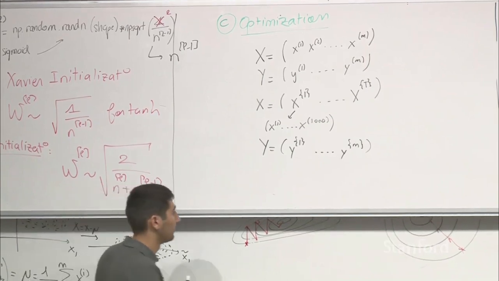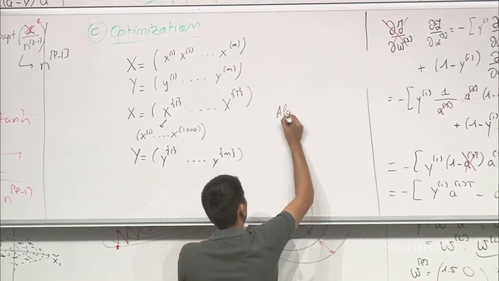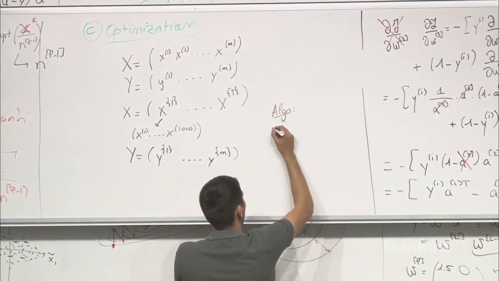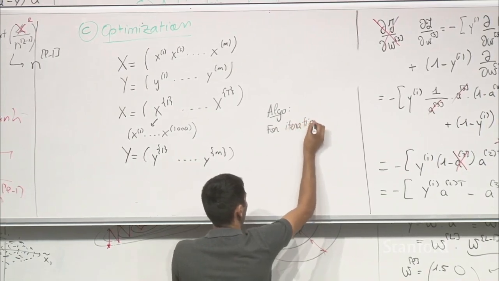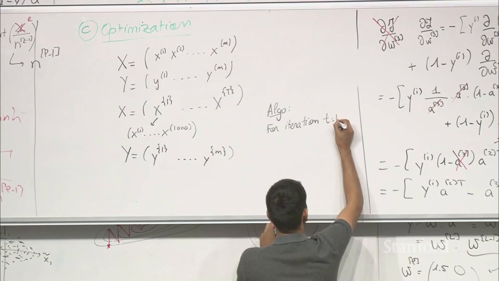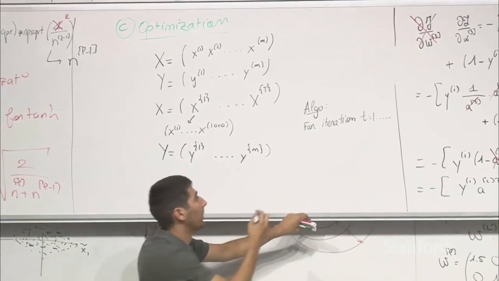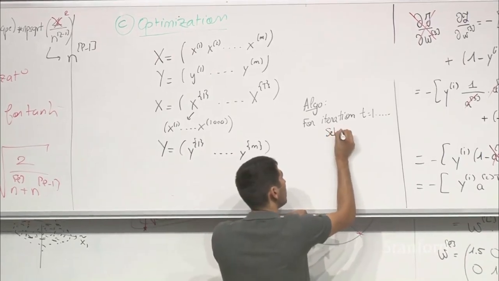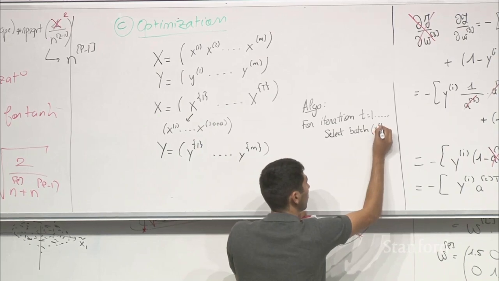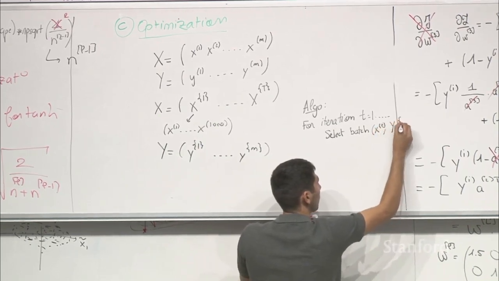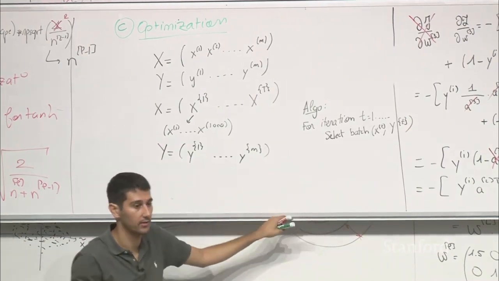So in terms of algorithm, how does the mini-batch gradient descent algorithm work? We're going to iterate. For iteration t from 1 to however many iterations you want to do, we're going to select a batch X{t}, Y{t}.